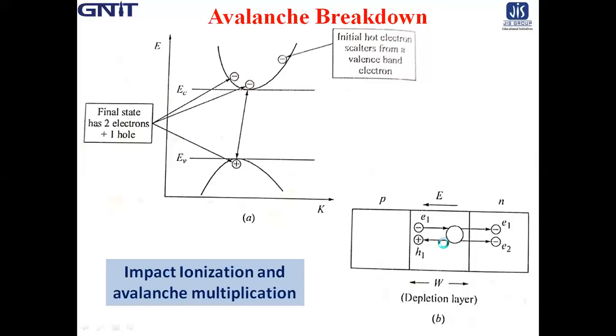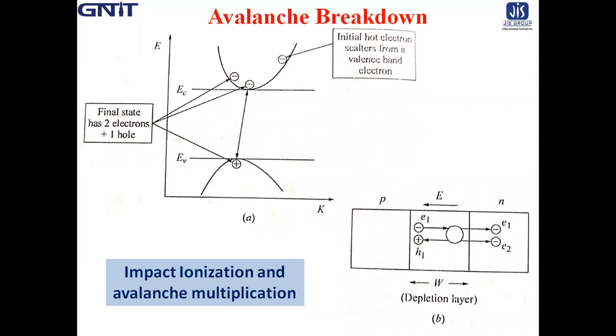The electron or hole moving through the depletion region at high electric field gains sufficiently high energy to cause an ionization collision with bound valence electrons, called impact ionization, to generate electron hole pair.